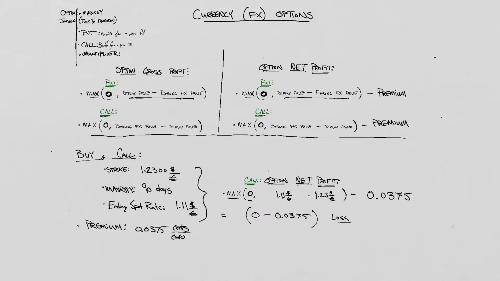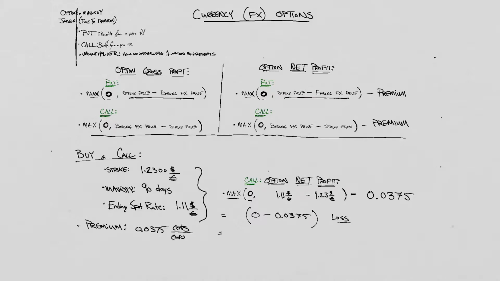So the multiplier is how many of the underlying currency one option represents. It's often the case that on a notional perspective, that is after accounting for the multiplier, options tend to be quite big. A single option will tend to represent quite a large number.